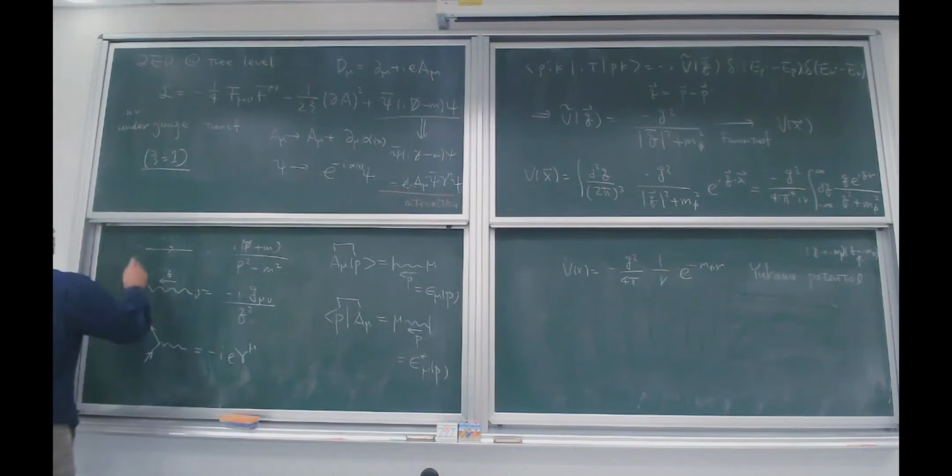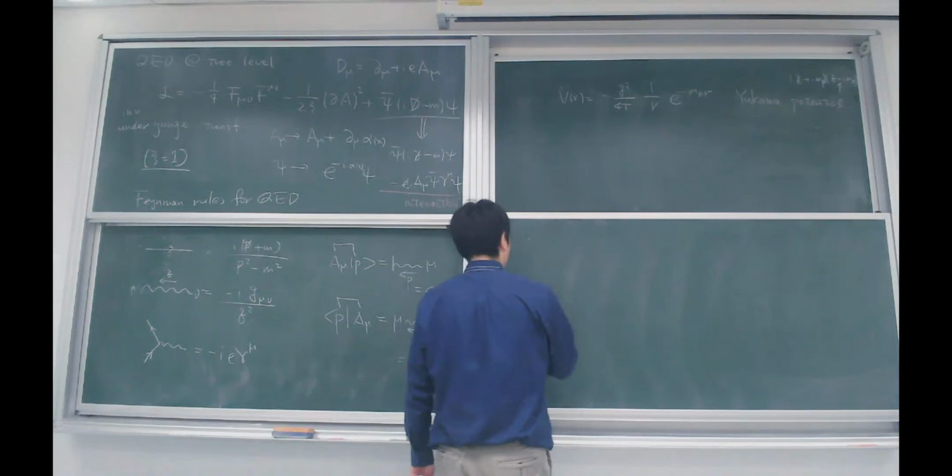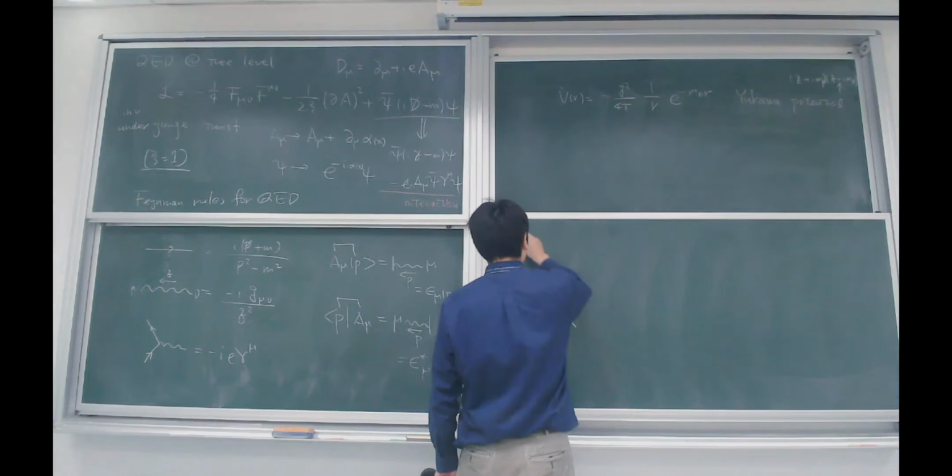Okay, let's consider the following process: e minus e plus goes to mu minus mu plus.